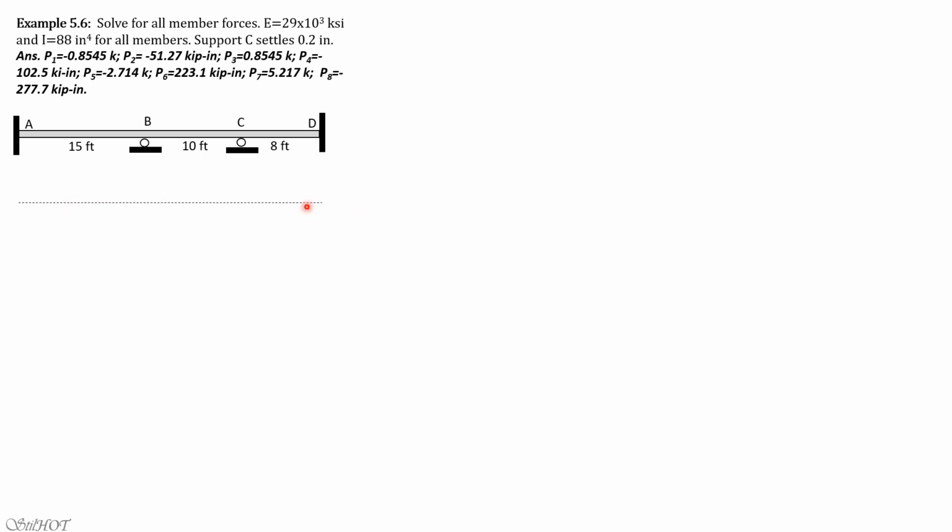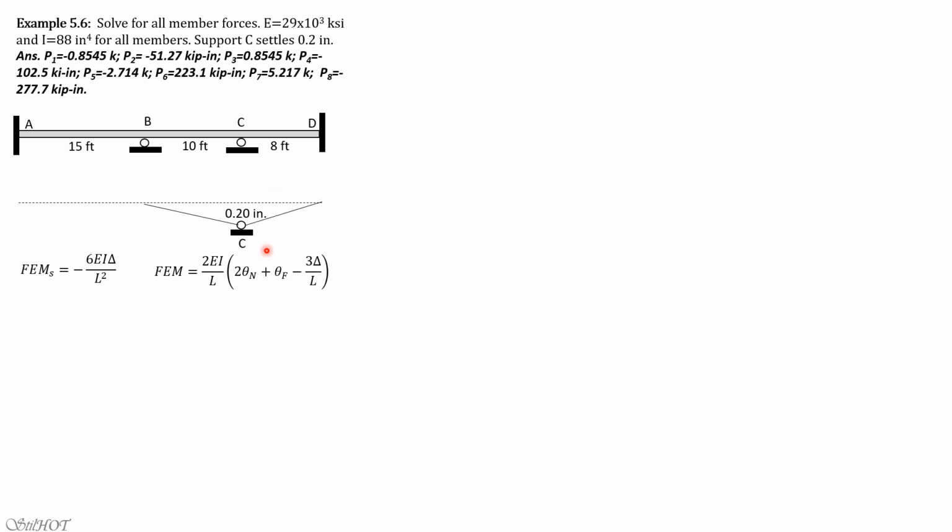So this is the original horizontal line, and C settles 0.2 inch. Remember that the fixed end moment due to side sway is negative 6EI delta over L square from the fixed end moment formula by slope deflection equation. To derive this formula, you just treat theta n and theta f as all zeros.